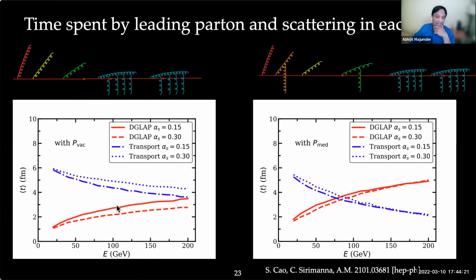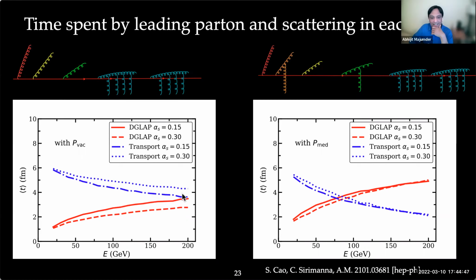And if you look at these two lines for a while, you can convince yourself that if I take the red and I add the blue, they add up to the same number. Sort of gives you almost the same amount of time, right? So at lower energies, this is the energy of the parton, they spend a very small amount of time in the DGLAP phase and a lot of time in this transport or BDMPS phase.